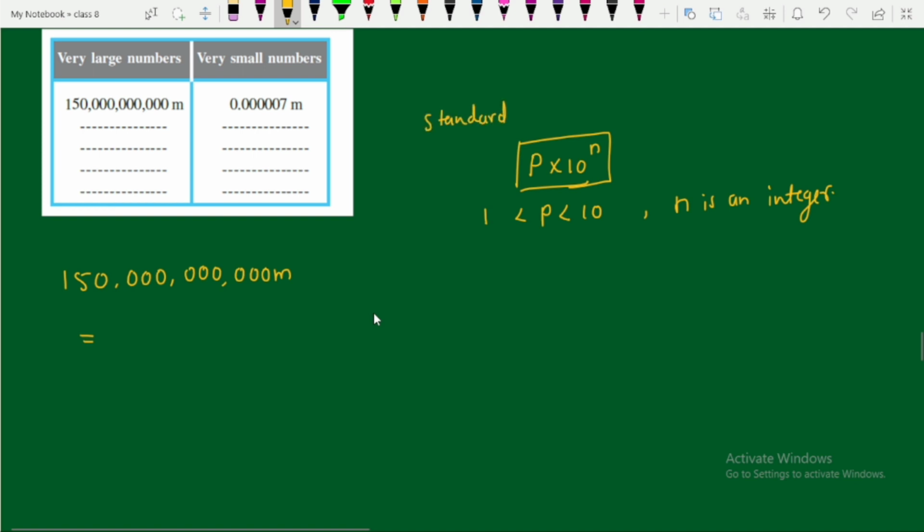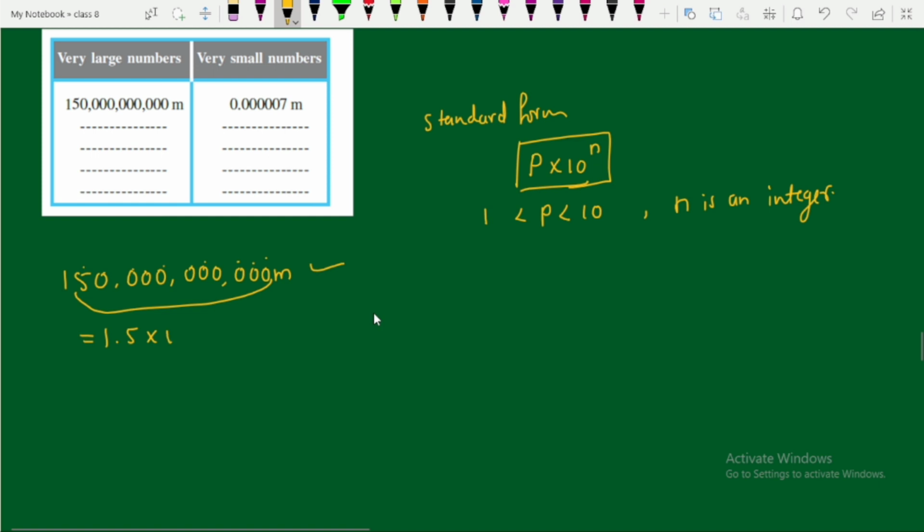So how can we write the given number in standard form? Can I write this as 1.5, where the decimal point was at the last and we shifted it to the second place? So how many digits did we shift? Just count: 1, 2, 3, 4, 5, 6, 7, 8, 9, 10, 11.